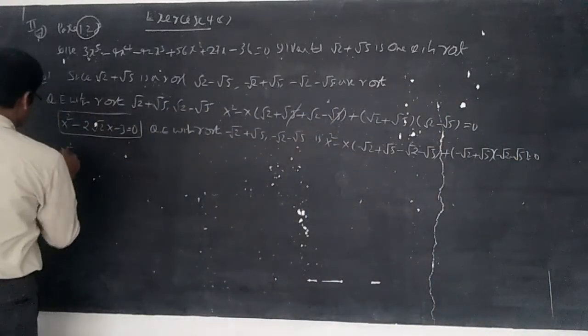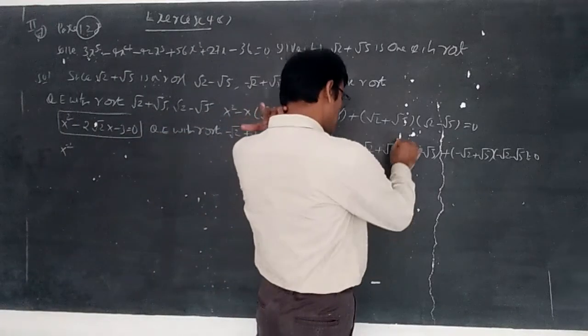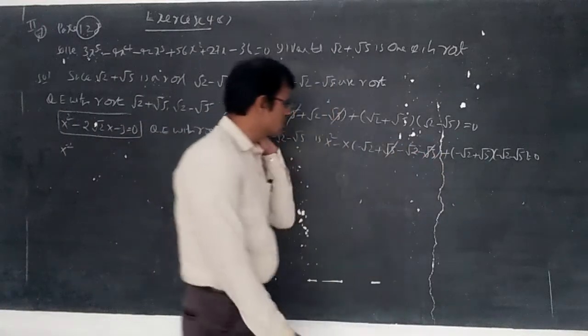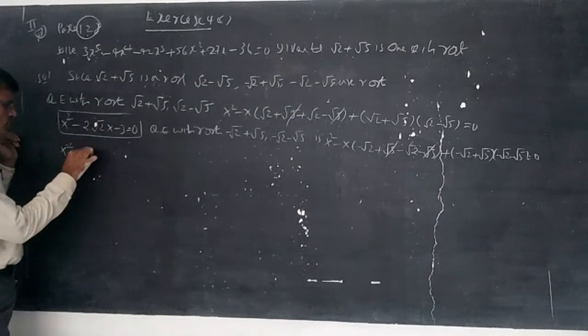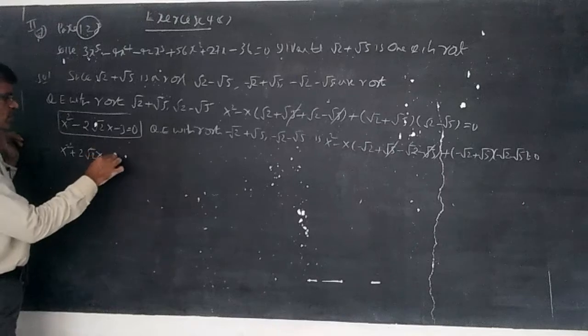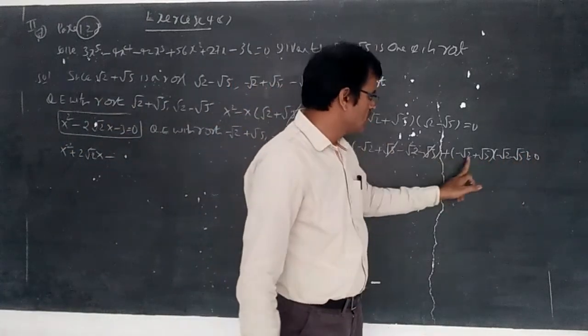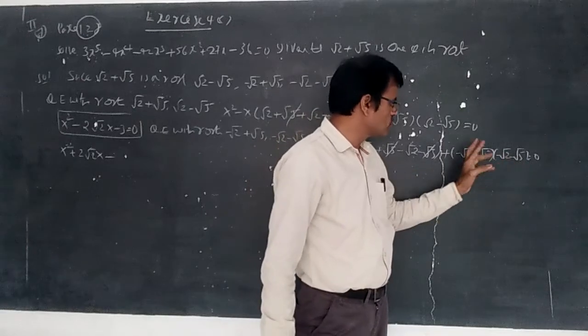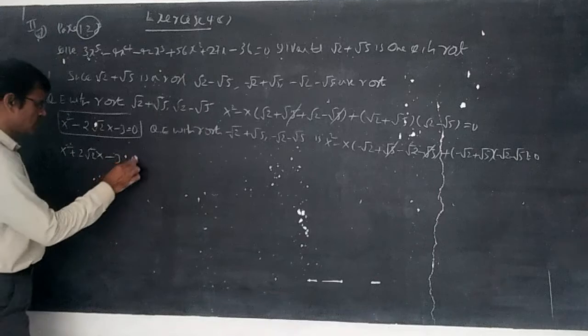Here the root 5 terms get cancelled, minus root 2 into minus root 2 becomes plus 2 root 2x, plus here also a square minus b square concept, 2 minus 5, minus root 2 whole square minus root 5 whole square, 2 minus 5 becomes minus 3, equal to 0.